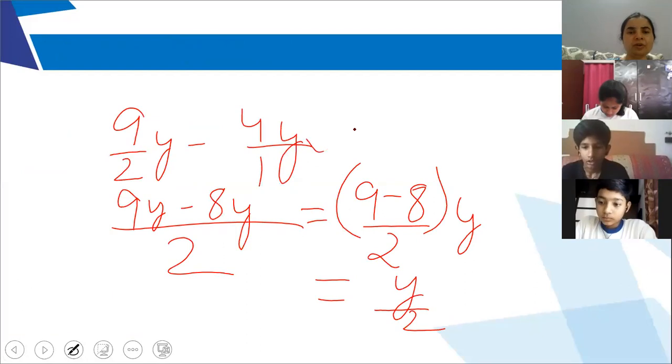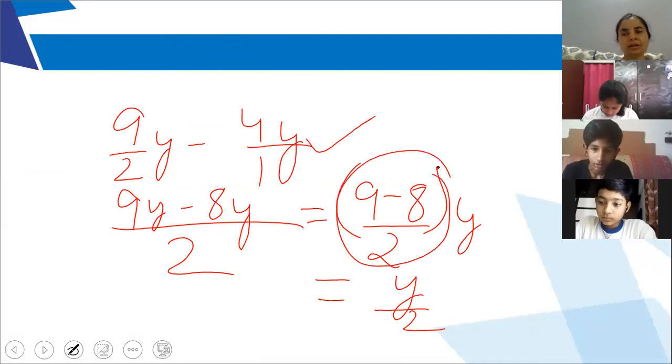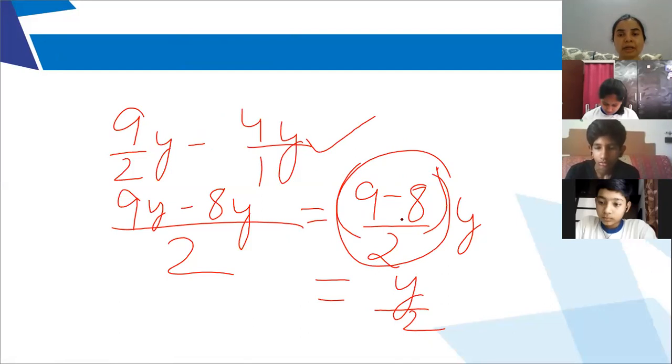Now these things from here, how did you get this? It has to be practiced. From your end, you are not even practicing how from two fractions you take, I mean, there is a change in the numerator. Many times I have told you that these things are very minor in grade 9. That is why 9 by 2y minus 4y became 9 minus 8.